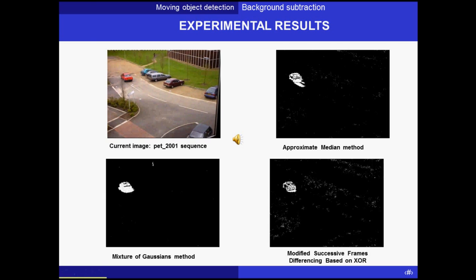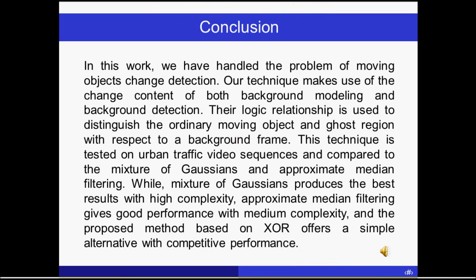In this work, we have handled the problem of moving object change detection. Our technique makes use of the change content of both background modeling and background detection. The logic relationship is used to distinguish the ordinary moving object and ghost region with respect to a background frame.